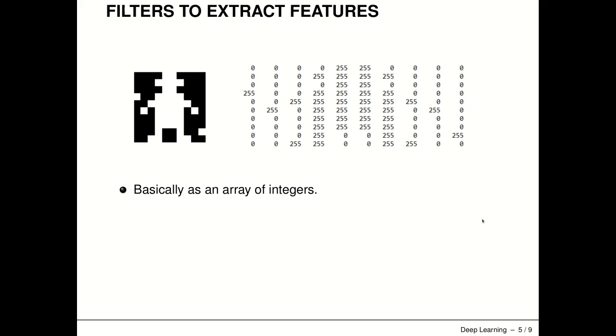In this case, we have a grayscale image where each pixel has an integer value between 0 and 255, where black pixels are shown with 0 and white pixels are represented by 255. We can show this input image as a matrix. For example, in this case, we have a 10 by 10 matrix representing this input image.